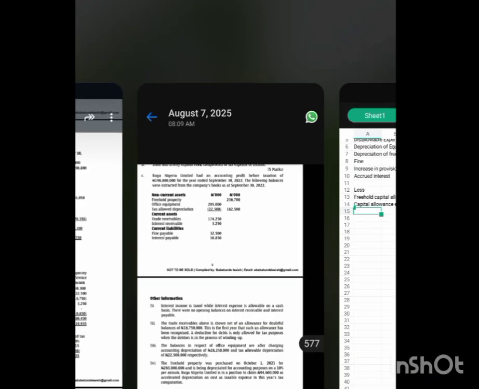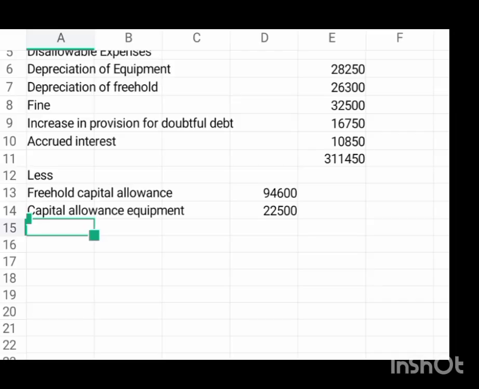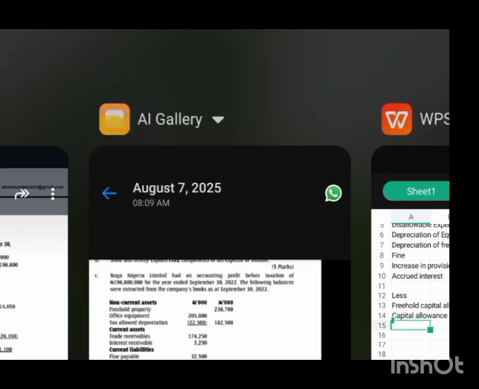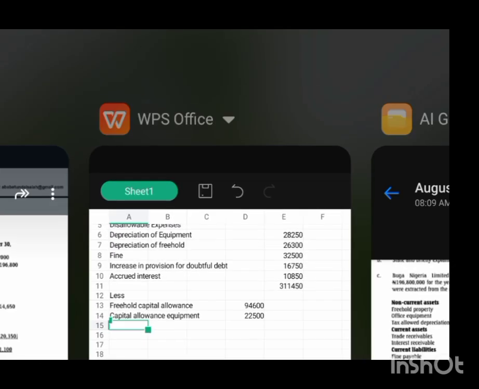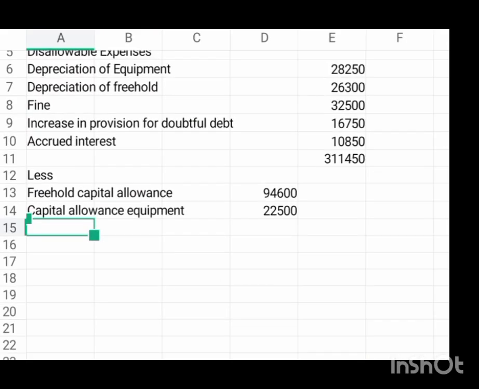So I haven't done that. Our interest income, which happens to be 3,250. So those are our what?